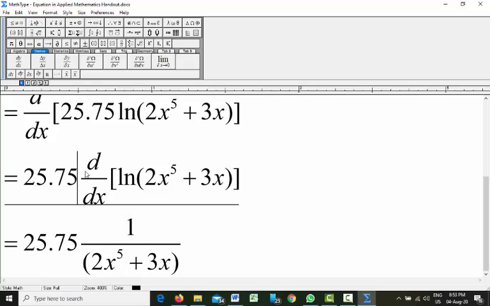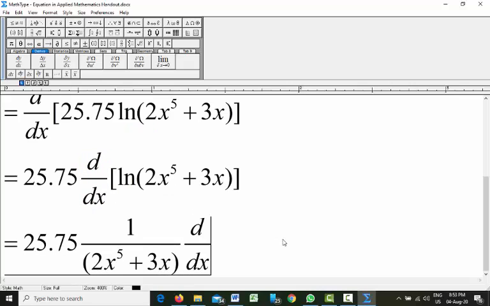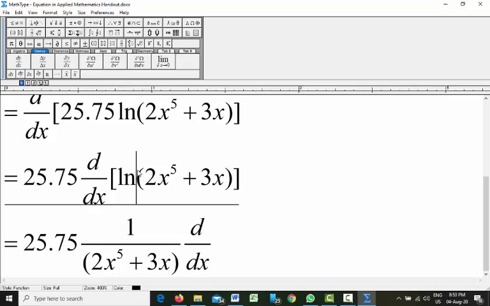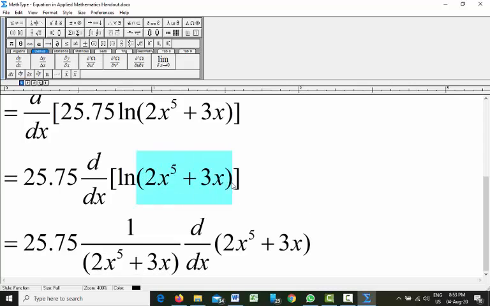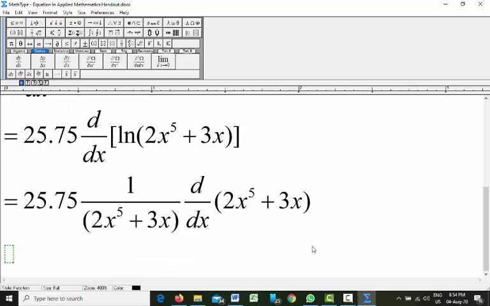Now we will do differentiation of this one. We moved this one to the denominator because of doing differentiation of the ln part. So now we will do the differentiation of whatever we have inside.